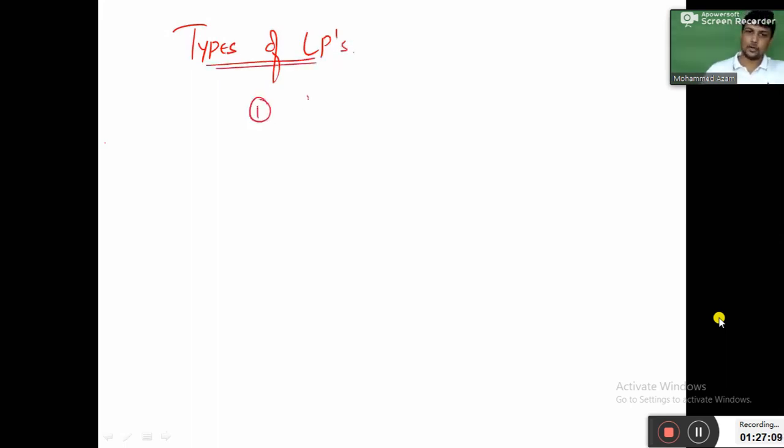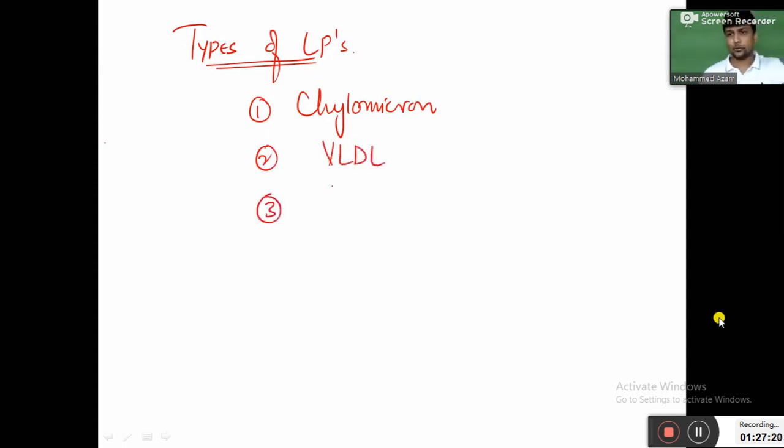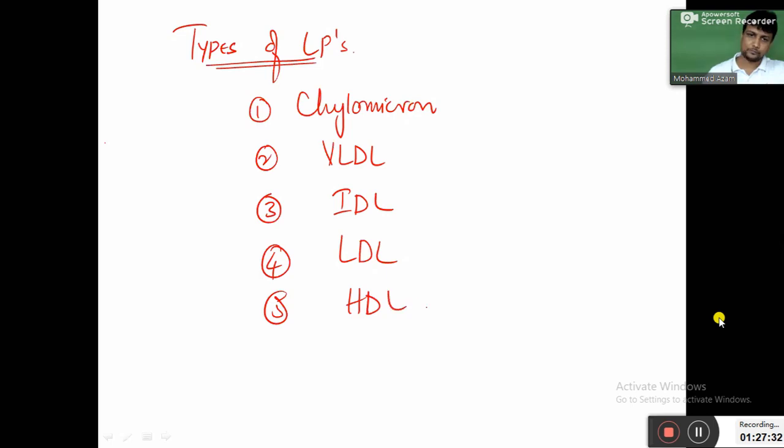So number one, we have chylomicron, and number two, we have VLDL, very low density lipoprotein, and number three, intermediate density lipoprotein, and number four, the low density lipoprotein, and then number five, write down high density lipoprotein.